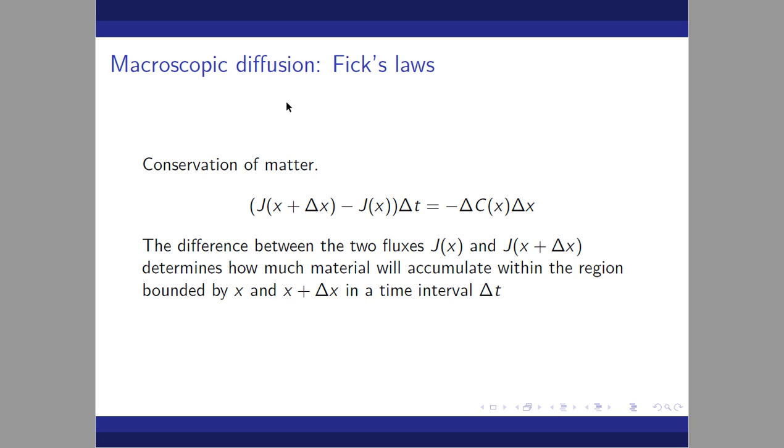From the initial part to the final part, so (Jx plus delta x minus Jx) dt equals minus delta c delta x. The difference between the two fluxes Jx and Jx plus delta x determines how much material we accumulate within the region bounded by x and x plus delta x in a time interval delta t.